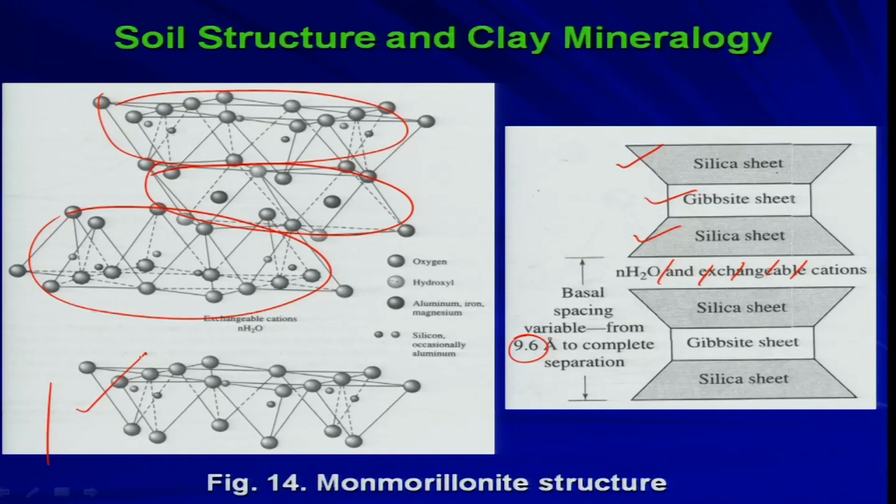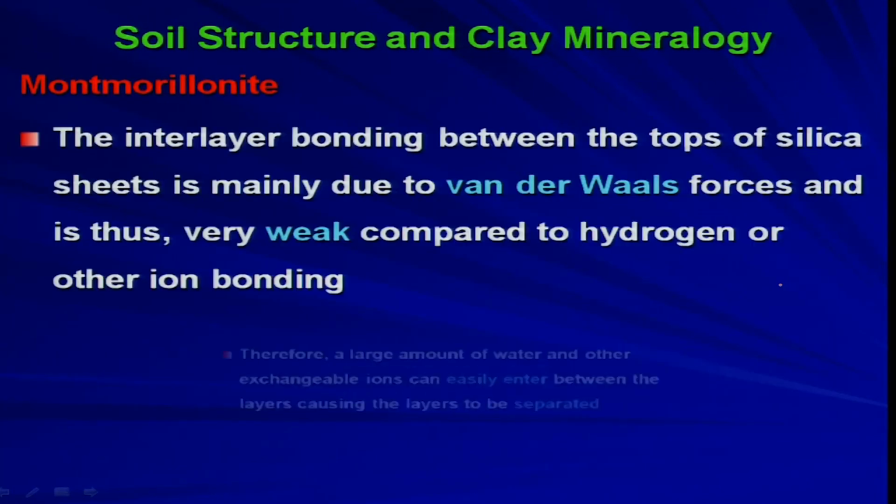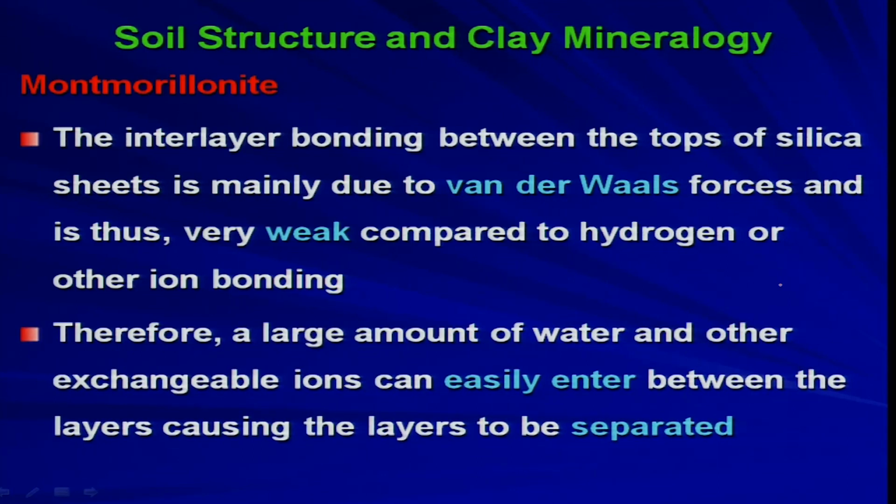So, van der Waals bonding is happening at the tops of two silica sheets, along this interlayer, which will be very weak. Therefore, a large amount of water and other exchangeable ions can easily enter between the layers, causing the layers to be separated.